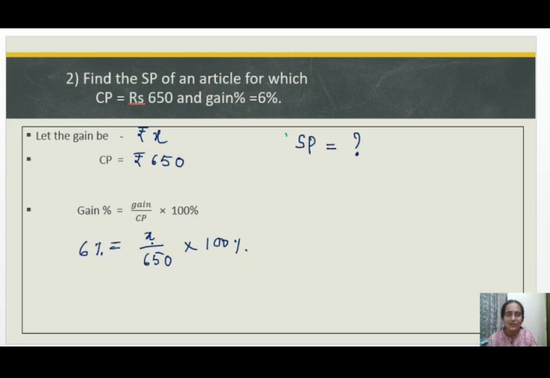Here x is the unknown quantity. You know simple equation rules to find out the unknown quantity. You have to leave the variable there, and the rest of the numbers should be transposed to the left side. While transposing, the 650 will become the numerator and 100 will become the denominator. 2 threes are 6, 2 fives are 10.